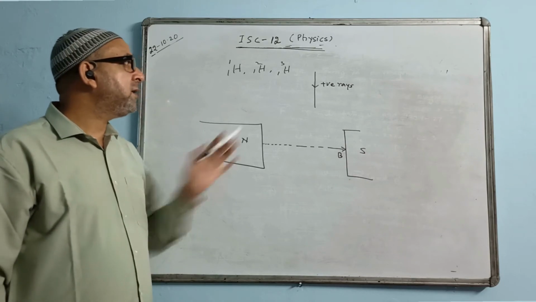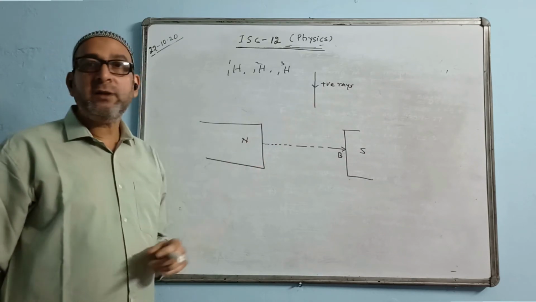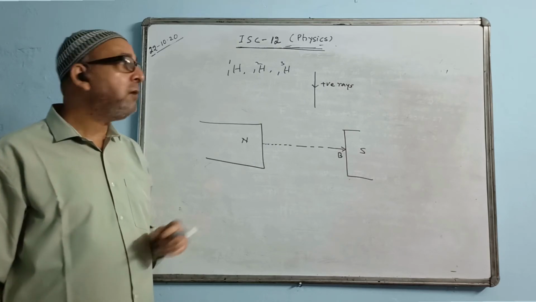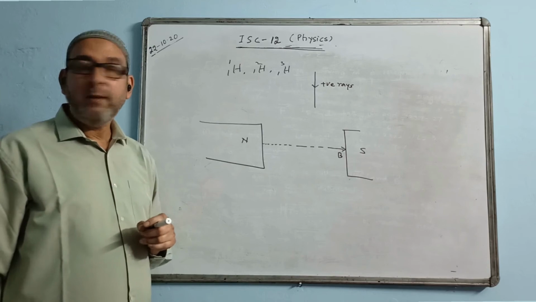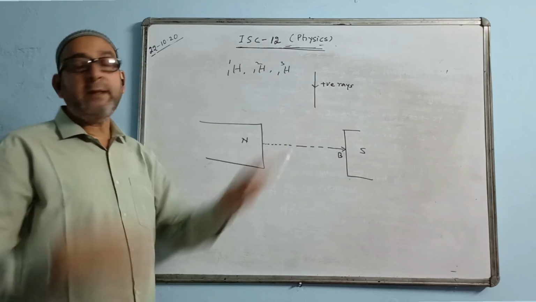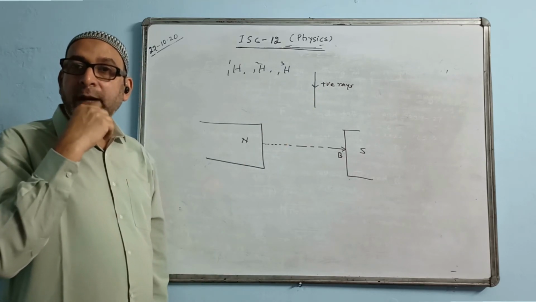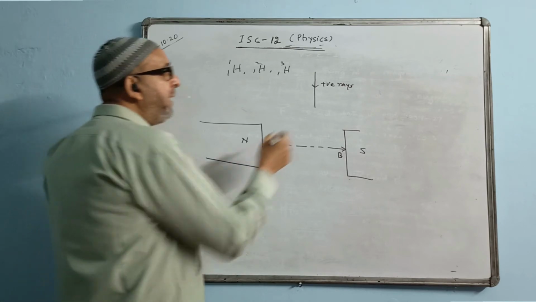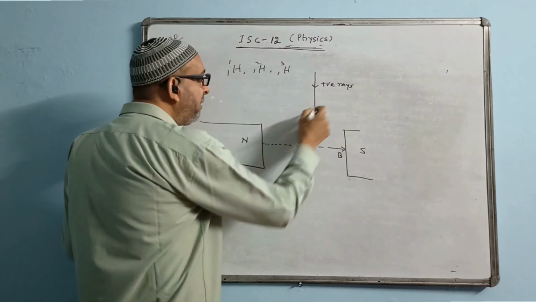Those rays are called positive rays, and they contain only the nuclei of that particular atom. Those positive rays emitted by the anode of a cathode ray tube are made to enter the magnetic field region at right angle.